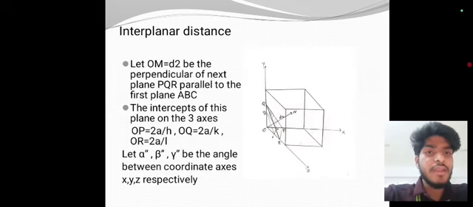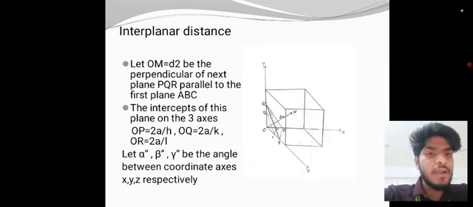Now we can consider another plane which is parallel to the first plane. Let OM equal to d2 be the perpendicular to the next plane PQR, parallel to the first plane ABC. The intercepts of this plane on the three axes are OP equal to 2a by h, OQ equal to 2a by k, OR equal to 2a by l. Here the cube edge we take as 2a because this is the second plane.